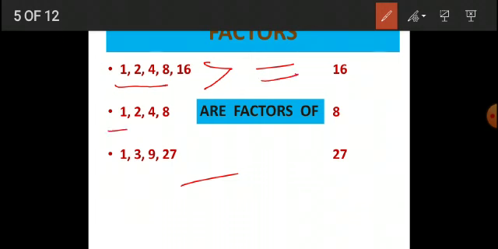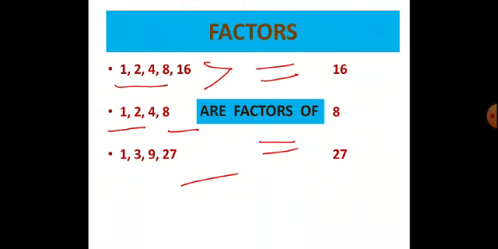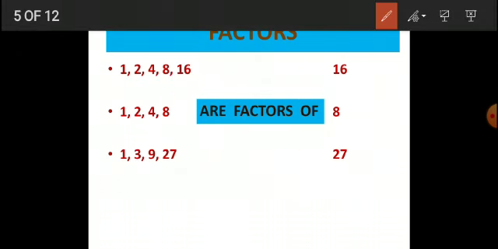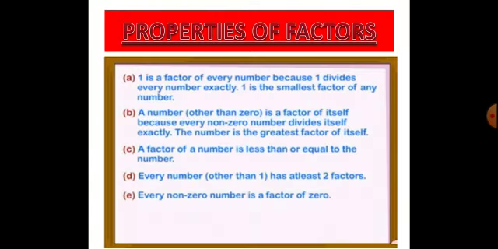Here also 1, 2, 4 is less than 8 and 8 is equal to 8. Here also 1, 3, 9 is less than 27 and 27 is equal to 27. So this is property number 3. A factor of a number is less than or equal to the number.